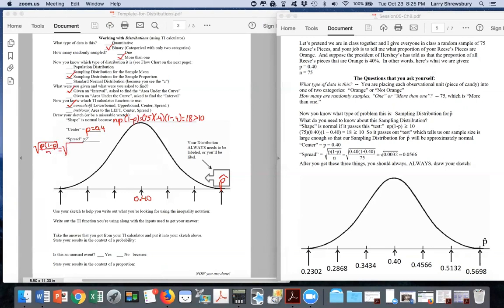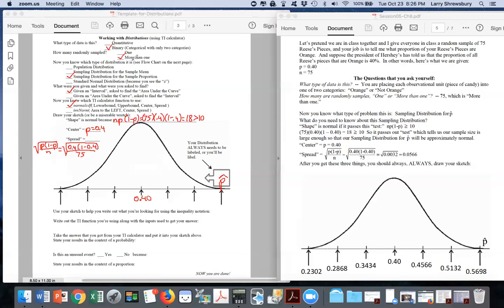So that would be, I'm going to show you the best way to punch this in your calculator. 1 minus 0.4, all over N, which is 75. So when I punch this in my calculator, the easiest way to do it is first punch in what's under the radical sign and calculate that. And then I'm going to take the square root of that answer.